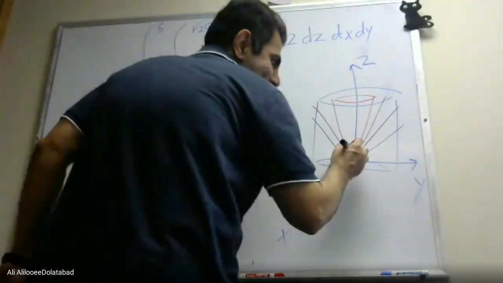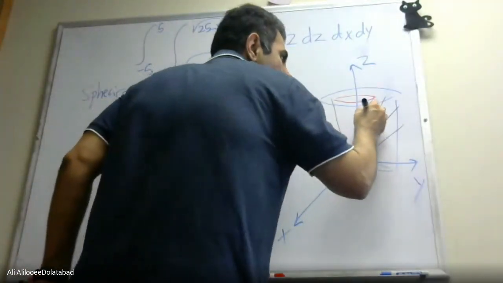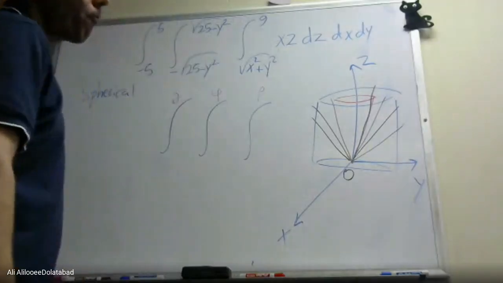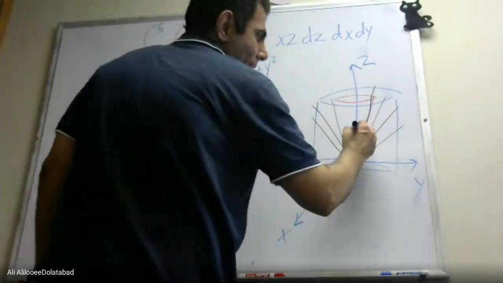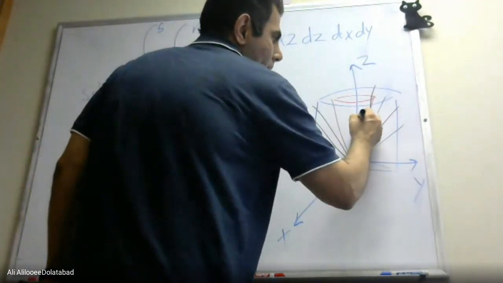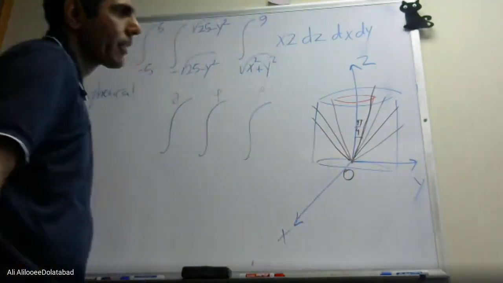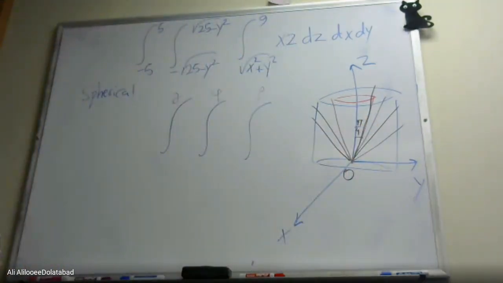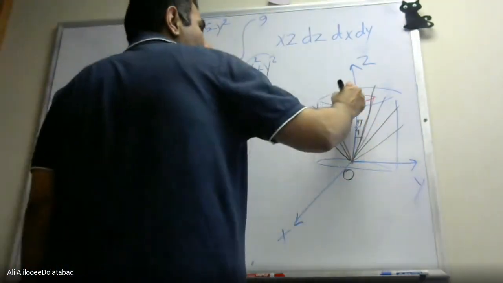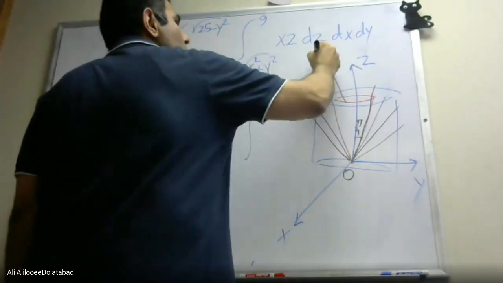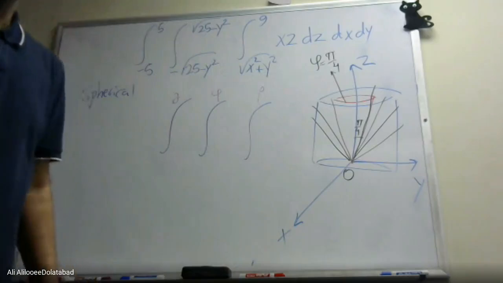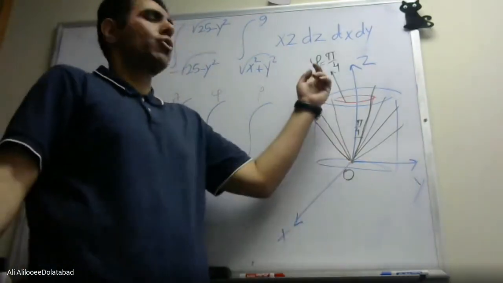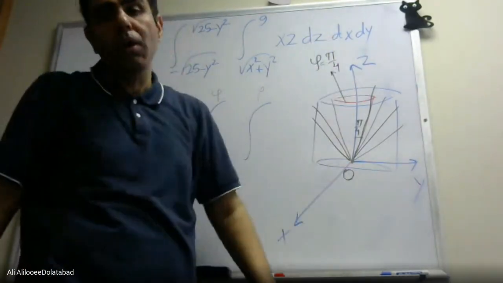The starting bound for phi is this red line, which is on the cone. What is the angle between the z-axis and the red line? It is pi over 4. How do I know that? Because yesterday I converted this cone into spherical coordinates, and you have phi equal to pi over 4.